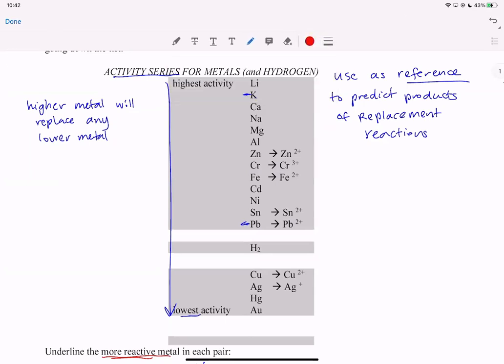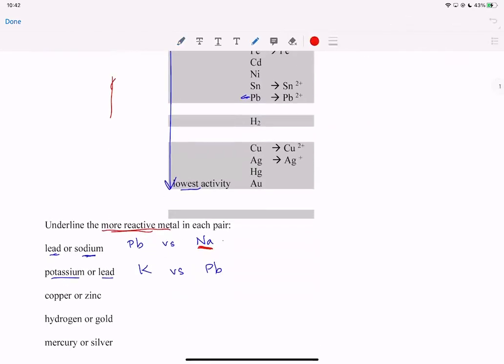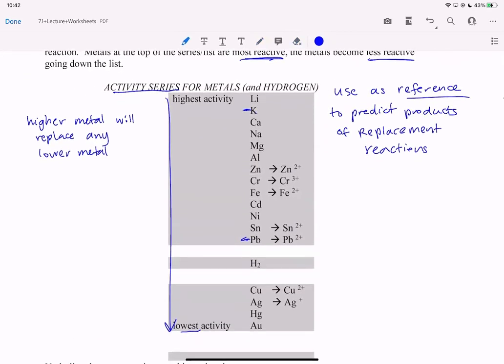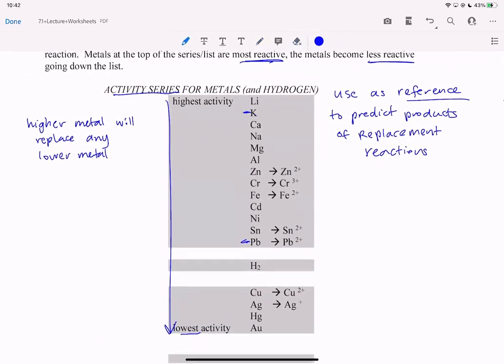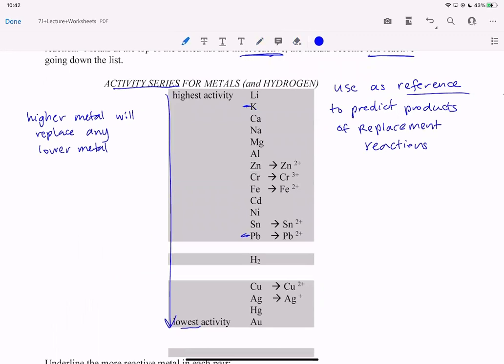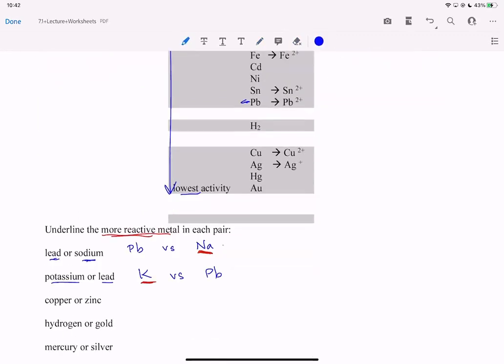That's the potassium. And understanding why it's more reactive has to do with the valence electrons. It also has to do with this concept called electronegativity. But there's a combination of reasons why one metal has higher activity than another. You guys just need to understand how to use this table.